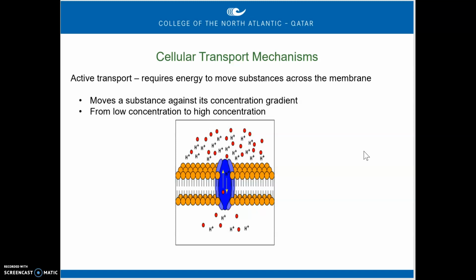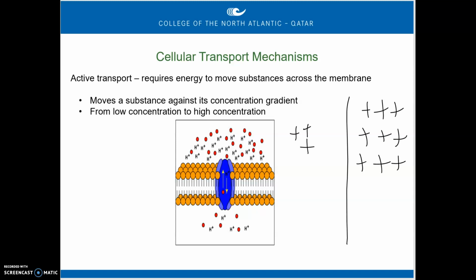So we're going from an area where we've got a small number of particles. So here's our membrane right here. Here's our small number of particles, and then we're going to an area where we've got lots and lots and lots of particles. So nature wants to move this way so that we get an equilibrium. With active transport, we want to move in the opposite direction. So it's going to cost us energy.